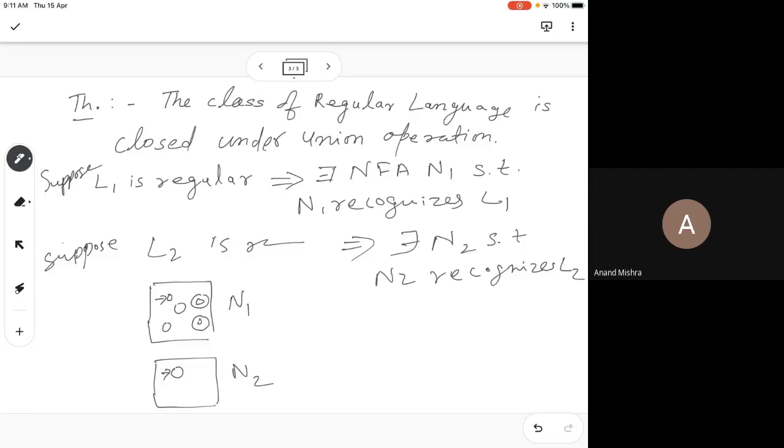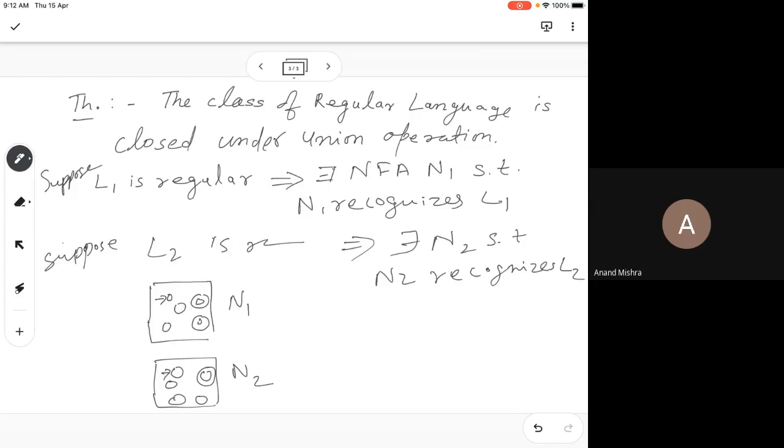And similarly here also it can have final states and non-final states. So this is N1 and this is N2. N1 is recognizing L1 and N2 is recognizing L2. Now what we want is L1 union L2.